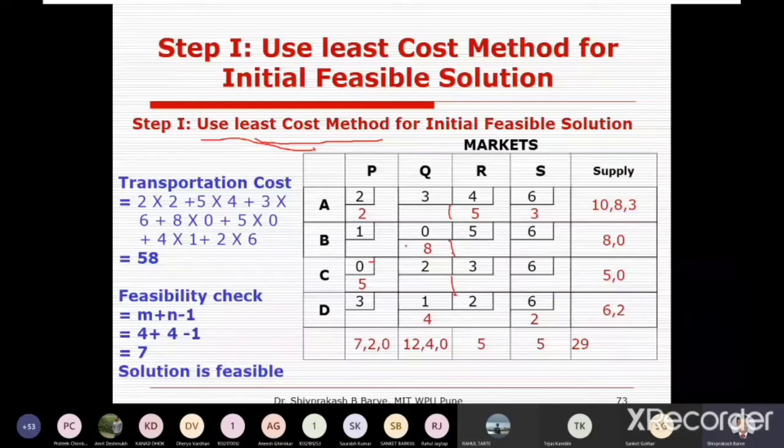At this 0, check supply and demand. Whichever is minimum, allocate there. I have checked supply is 8, demand is 12. So I have considered this 8 and allocated 8. A total value of 8 I have allocated here, and it becomes 0 for the next iteration.